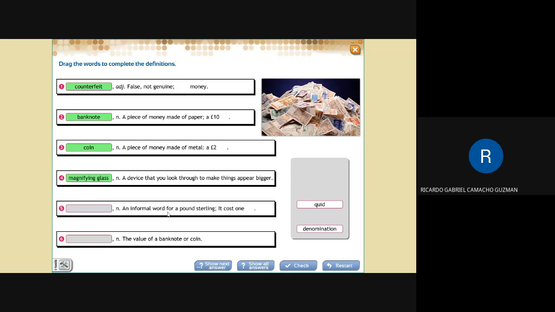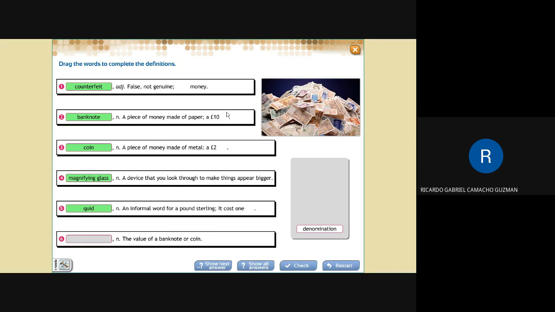But what about the number five? An informal word for a pound sterling. It costs one. Quid. It is pronounced quid. Yes, the word quid is the informal way to say a pound. Originalmente, la palabra pound significa libra, ¿ok?